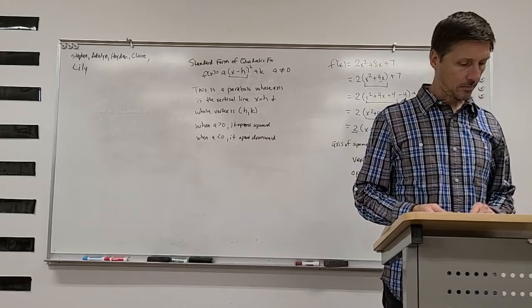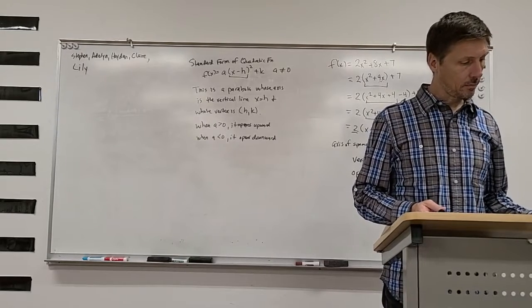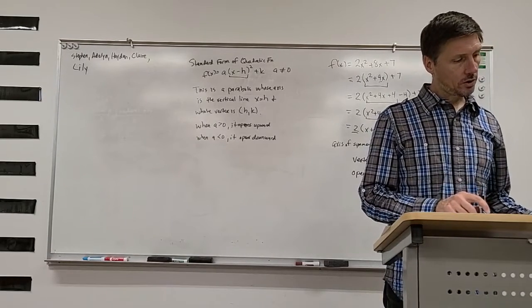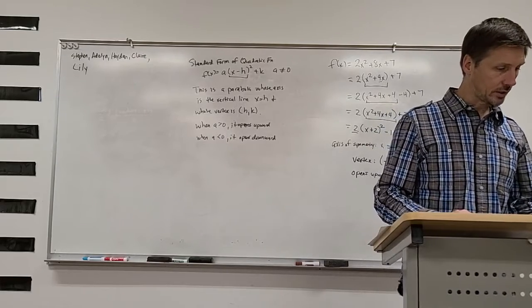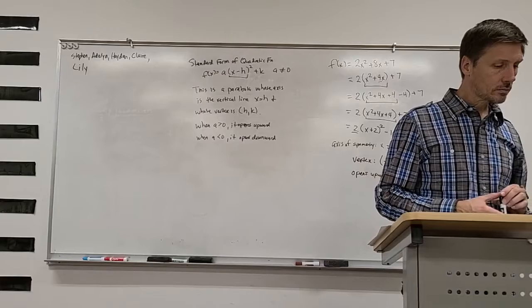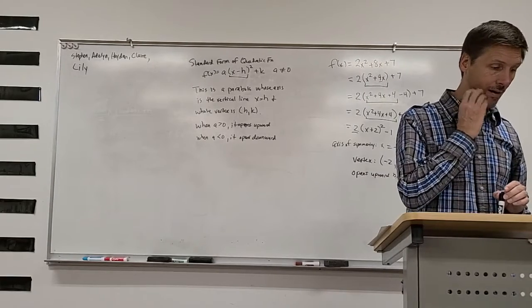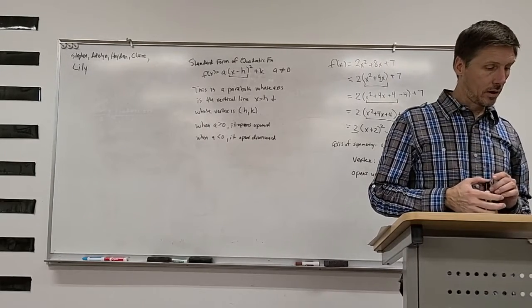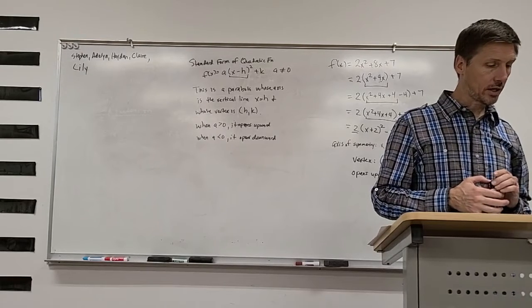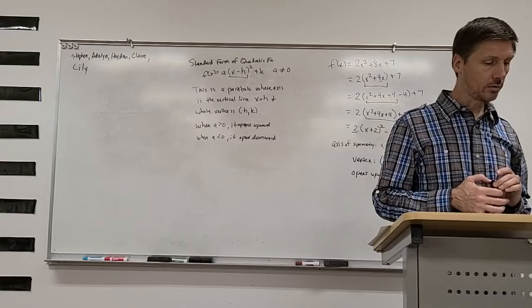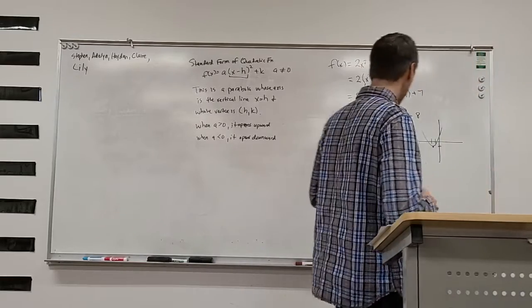Now, to help you graph it a little bit better, we can also identify the x-intercepts of a quadratic function pretty easily. The way that we do that is by setting the quadratic function to 0 and solving for x.